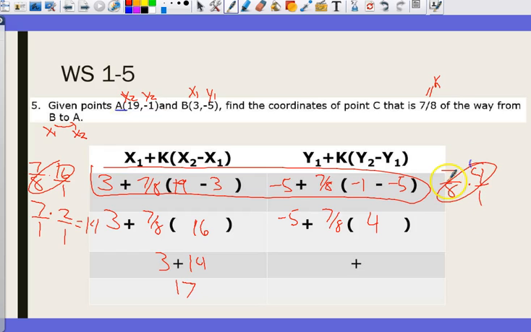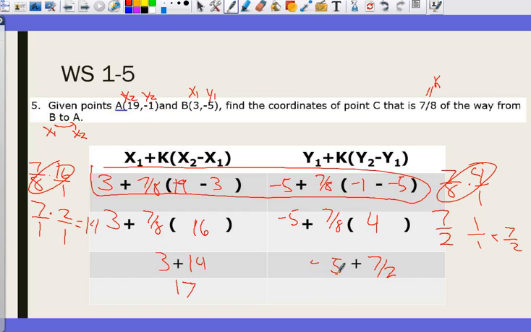Let's look at this right here. Are those both divisible by 4? So let's reduce that. 4 divided by 4 is 1, 8 divided by 4 is 2, 1 times 7 is 7, 2 times 1 is 2. So we know this simplifies down to 7/2.